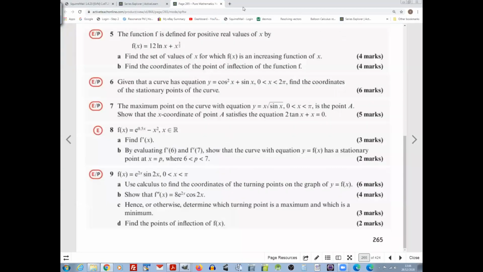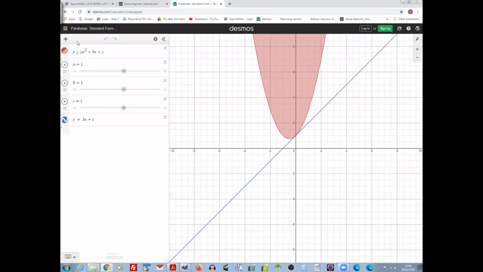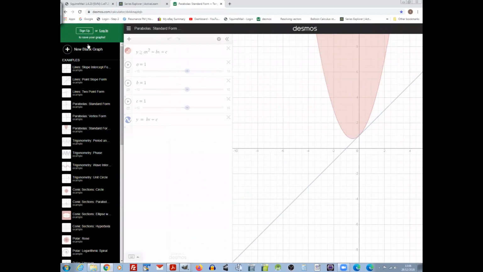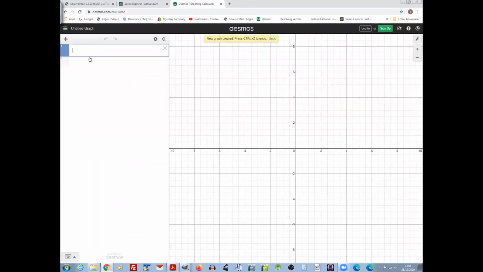Hide controls. Desmos, did we have that open? No. Cos x, cos squared x.